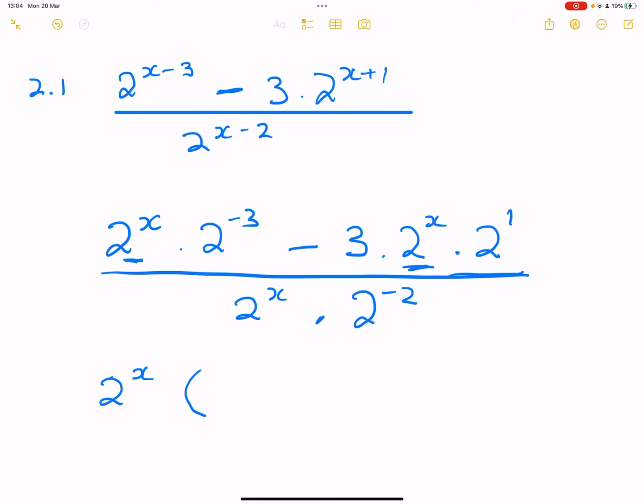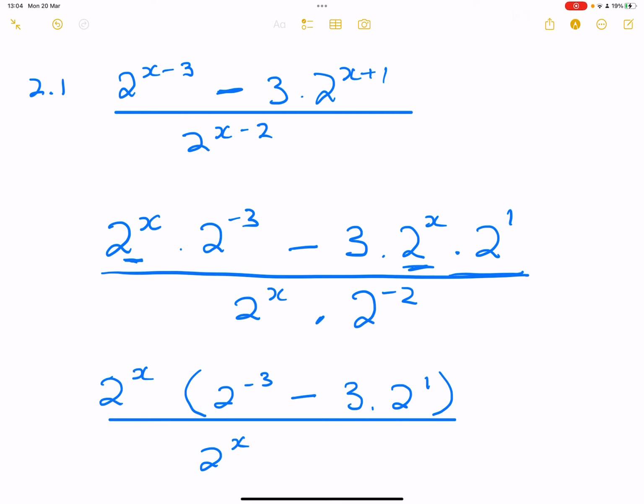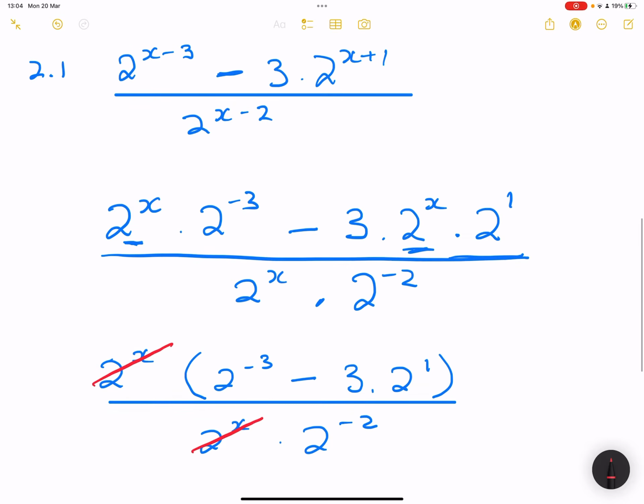What am I left with? This is 2 to the negative 3 minus 3 times 2 to the exponent 1, divided by 2 to the exponent x times 2 to the exponent negative 2. That becomes much easier for us to cancel out, because we've got that and that can easily cancel.